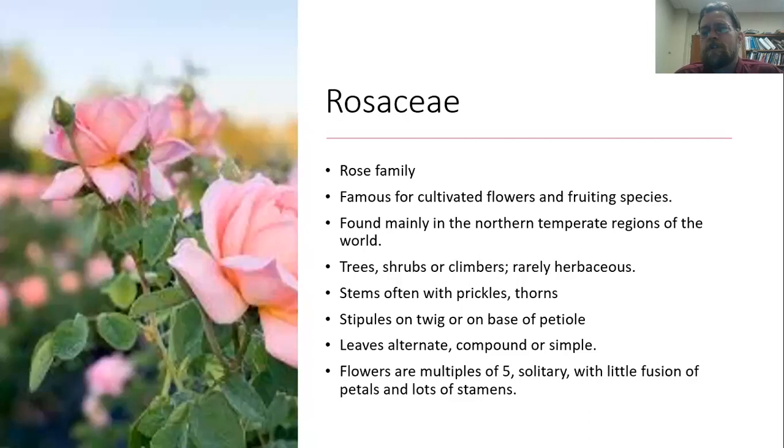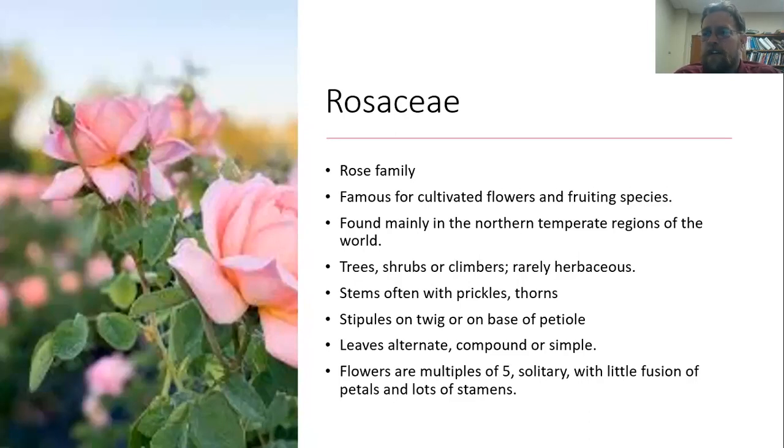Another really large group of plants that has a lot of uses in the home landscape is the rose family, the Rosaceae. All sorts of really beautiful cultivated flowers, as well as fruiting species, are in this group. We find these natively mainly in the northern temperate areas of the world, so right where we live and north of us.